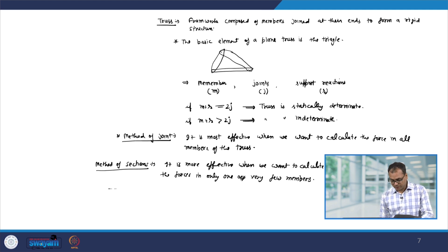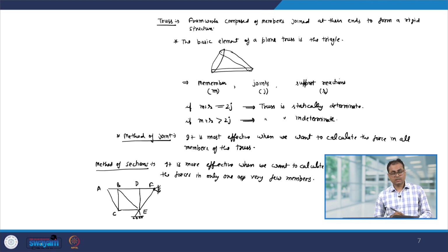Let us say we have the following truss. So, this point is A, B, C, D, E and F, and at E there is a roller support, and let us say there are external forces also P1, P2 and P3.